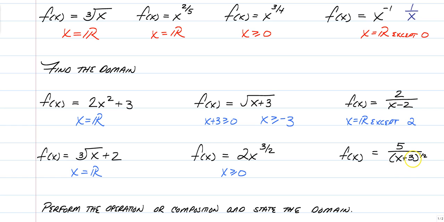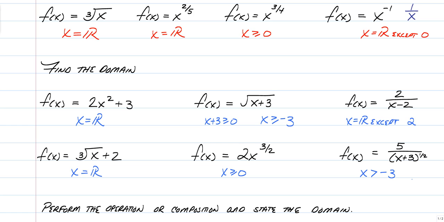So that means this x plus 3 has to be greater than 0, not greater than or equal to. It has to be greater than 0. So in this example, you would just set x plus 3 greater than 0, which means x has to be greater than a negative 3.